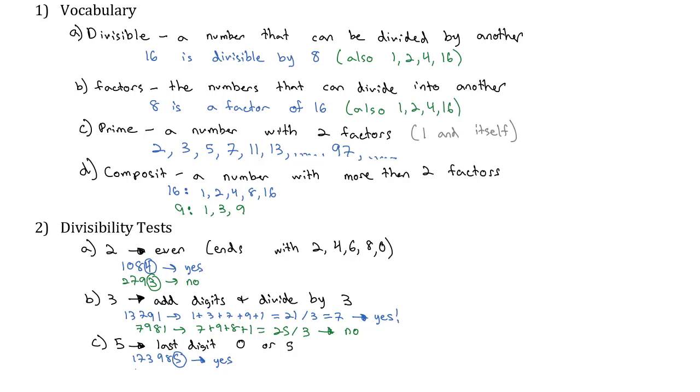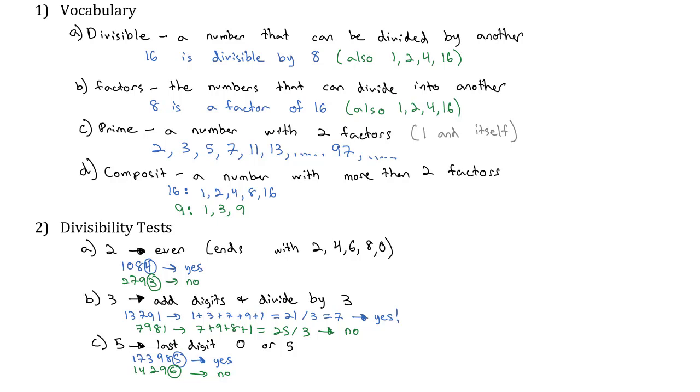Compare that with 14,296. Because the last digit is not a 0 or a 5, we're going to say, no, that number is not divisible by 5.